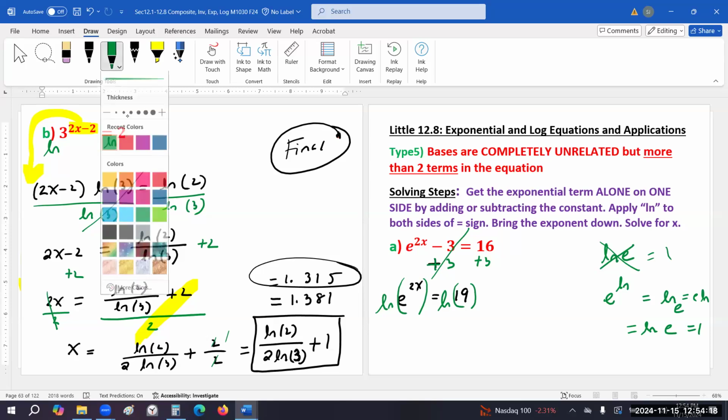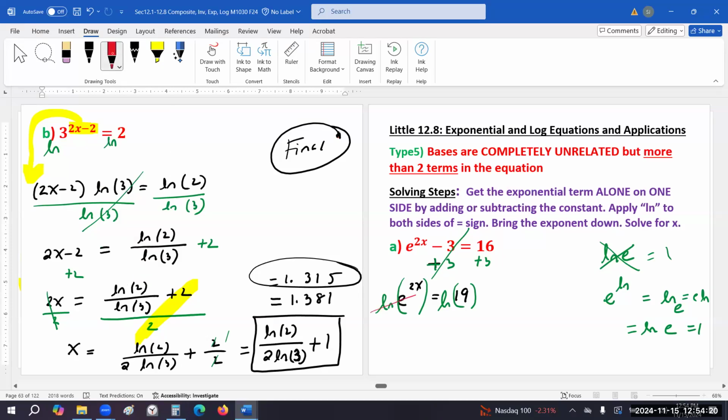That's why this e and ln here fight with one another, they die. We don't have anything left except for the power. So we have 2x equals ln of 19. Our life is much easier.